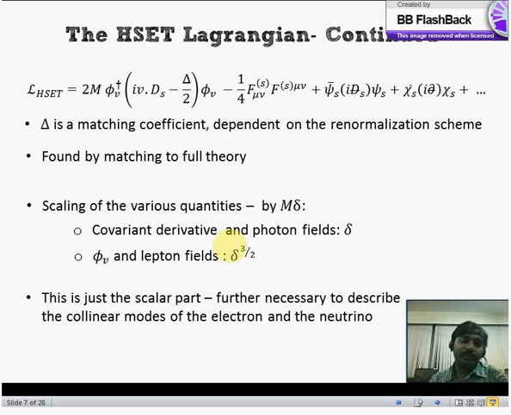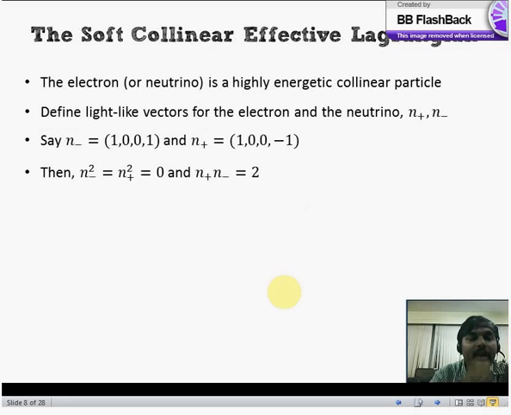It is also necessary to note the collinear modes of the electrons and the neutrinos. So this is the soft part, and this is just the scalar part. The collinear Lagrangian for the electrons and the neutrinos is actually dependent on the vectors that are chosen. So you can have two very energetic particles, the electrons and the neutrinos, and you have two light-like vectors given by n plus and n minus.